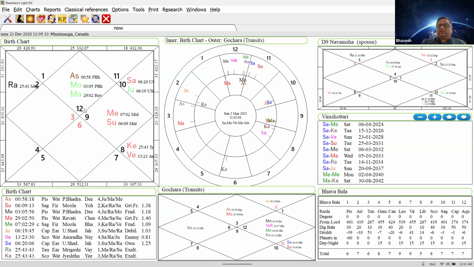Whatever your first house is experiencing is Rasi number 12, Meena, Pisces. So all your personality comes from Pisces, and you take that as a prominent personality characteristic in your life. That is your experience, and that is the difference between Bhava and Rasi, right, Kunalji, if I am not wrong? Correct. Yeah, correct.